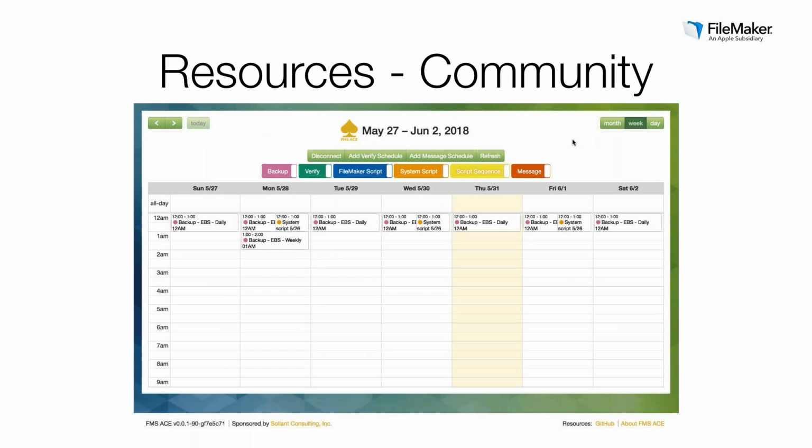Now, my folks at Soliant have built something that is not FileMaker based. And this is a good example. It's called FMS ACE, hosted on the GitHub, and it's web-based. And what they wanted to demonstrate with that was, now that we have an admin API, we can build features that no admin console ever had.